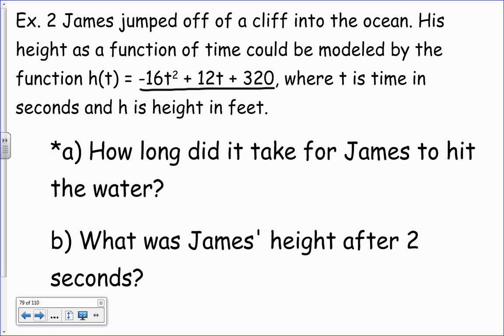Remember, that's like ax squared plus bx plus c. All right, so if we're looking at this one, let's just start by reading the example. James jumps off a cliff into the ocean. His height as a function of time could be modeled by the function h of t equals -16t squared plus 12t plus 320, where t is time in seconds and h is the height in feet.